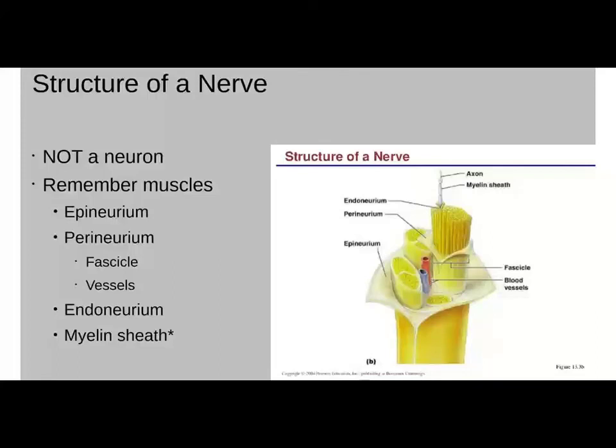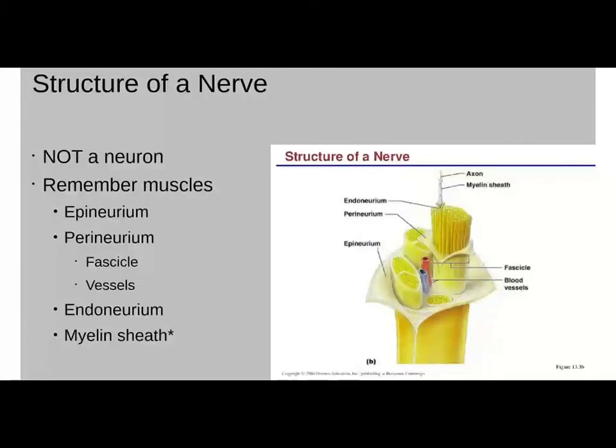And this is going to be really similar to what we learned about the structure of a muscle in chapter 9. The words are going to sound really similar to the terms that we used with muscles. So first, what we see in this picture here is a nerve that we have cut so that we can see inside of it. And the nerve is wrapped in this connective tissue sheath called the epineurium.